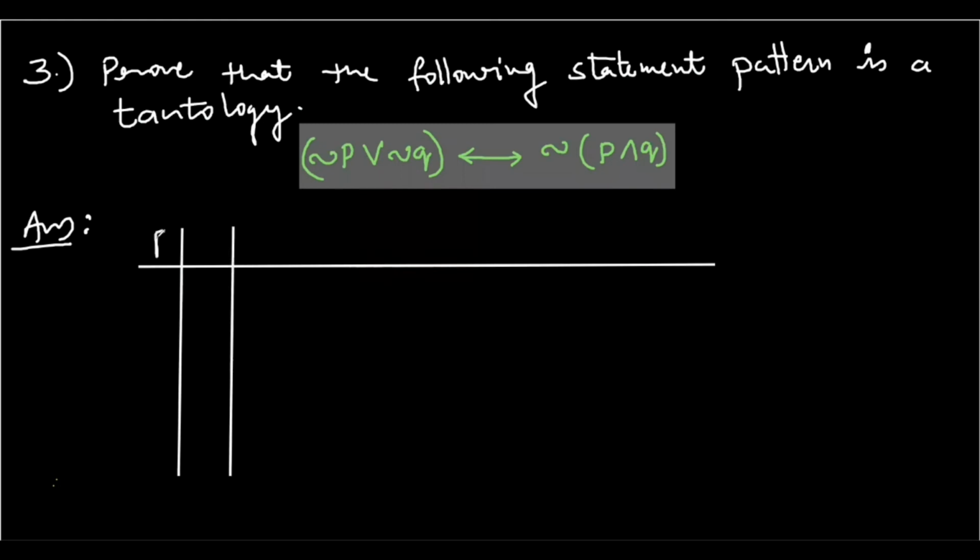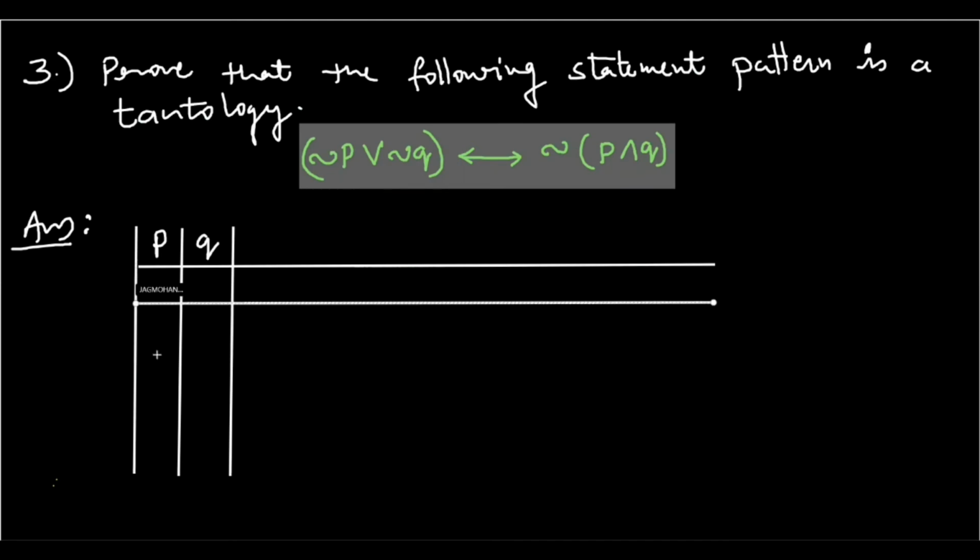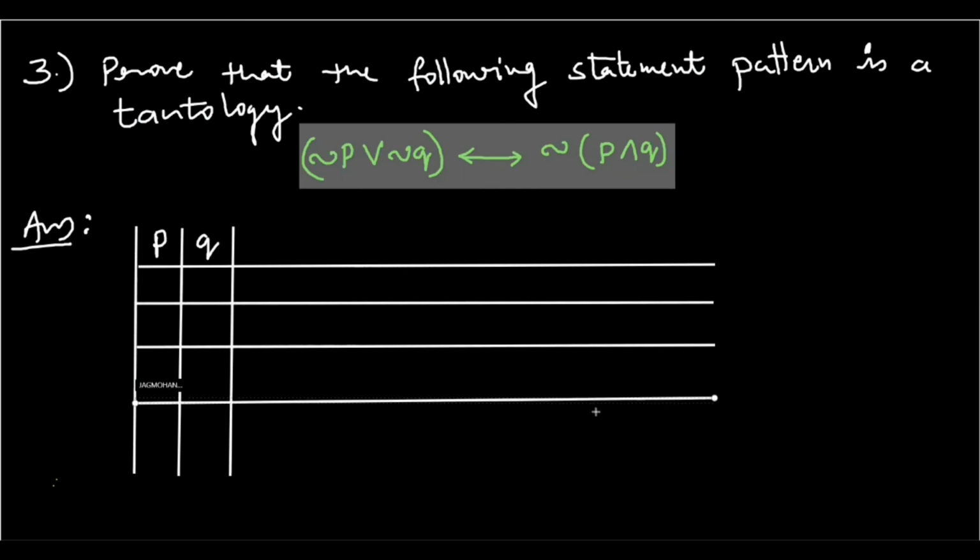So here I have P, the other is Q. Then under this P and Q, I will go for 4 rows: 1, 2, 3, and 4. 4 rows I have got.